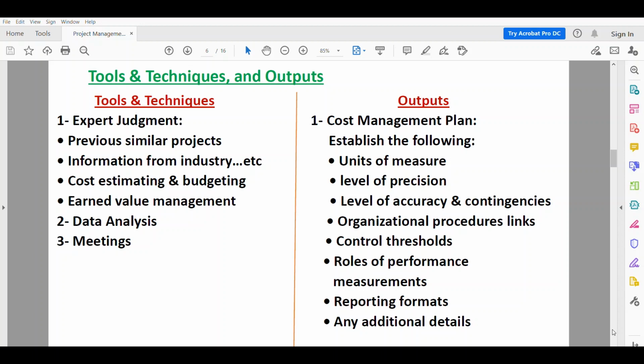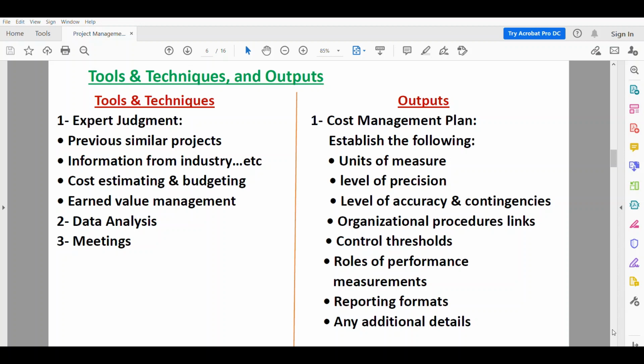So the output of the first process is the cost management plan. And the cost management plan has many sections. The cost management plan can establish the following. It will establish the unit of measure. Do you use staff days, weeks or staff hours, or cubic yards for quantity measures, or lump sum in currency form, and so on.